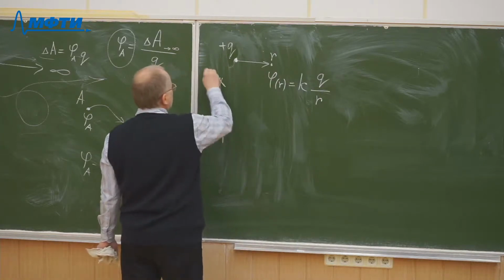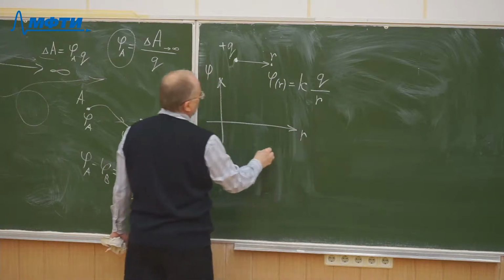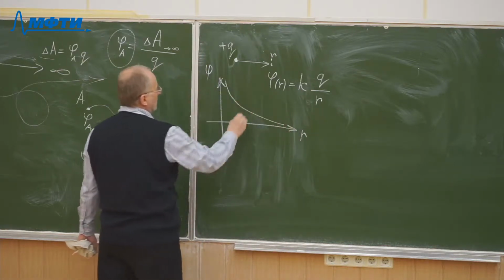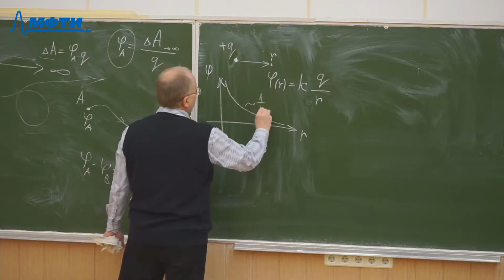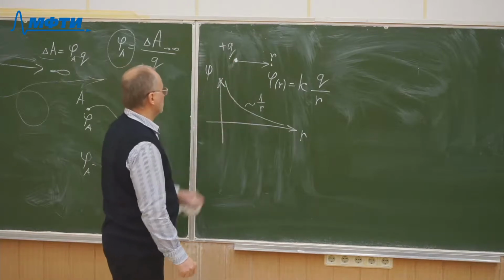So the field potential as a function of r will be given by such a graph. It's inversely proportional to r, the field potential of a point positive charge.